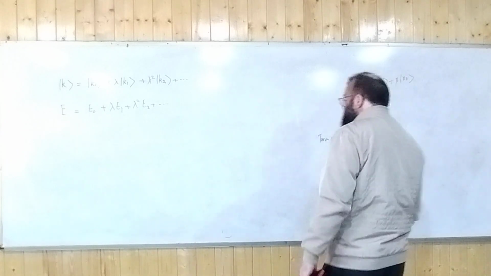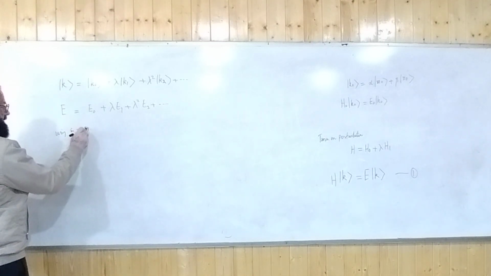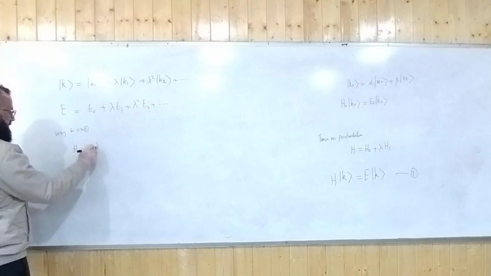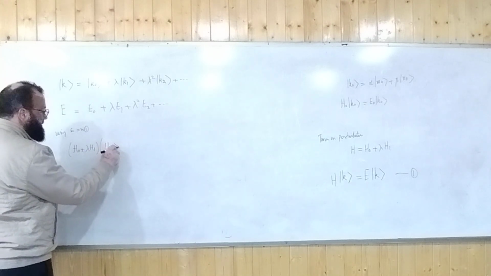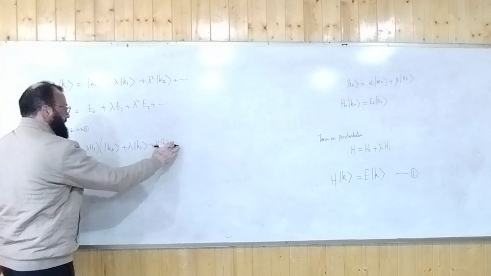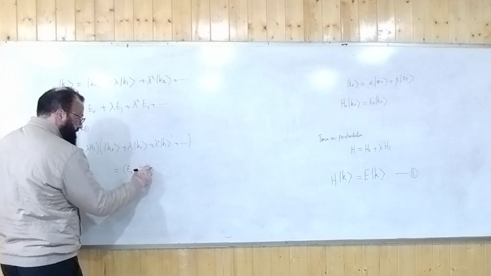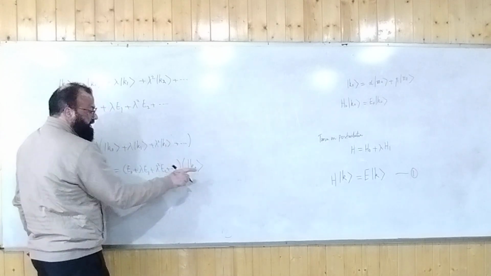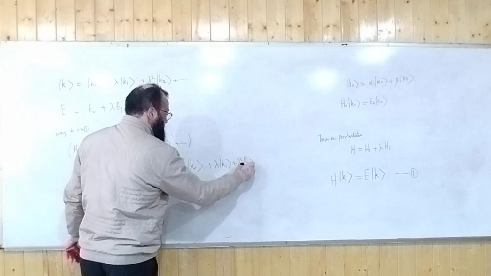Let's call this equation first. So (H0 + lambda H1) acting on (|k0> + lambda |k1> + lambda squared |k2> + ...) is equal to (E0 + lambda E1 + lambda squared E2 + ...) acting on (|k0> + lambda |k1> + lambda squared |k2> + ...).